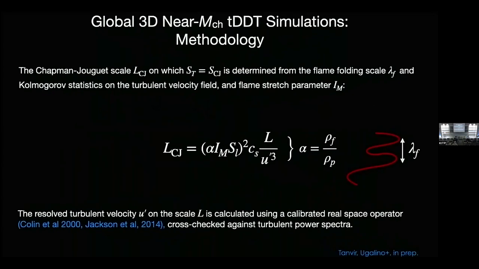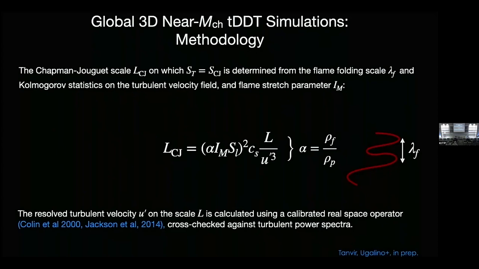Also very important for this set of models, we characterize the Chapman-Jouguet length scale that can be derived from other fundamental parameters, including the turbulent velocity, U prime, on some scale L, as well as the density contrast between fuel and product, labeled here as alpha, and a flame stretch parameter, which is of order unity for type Ia supernovae interiors.